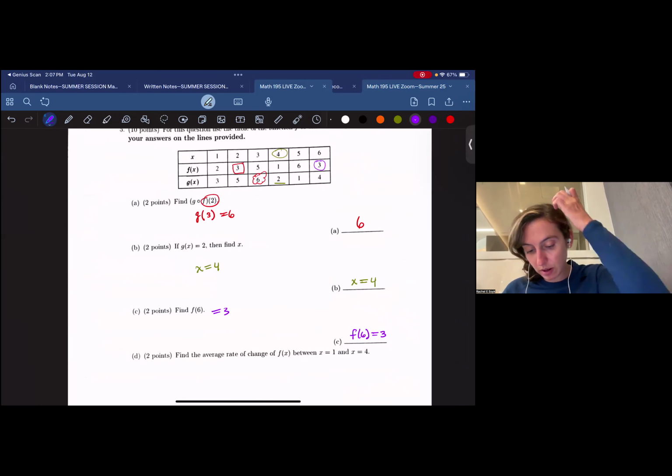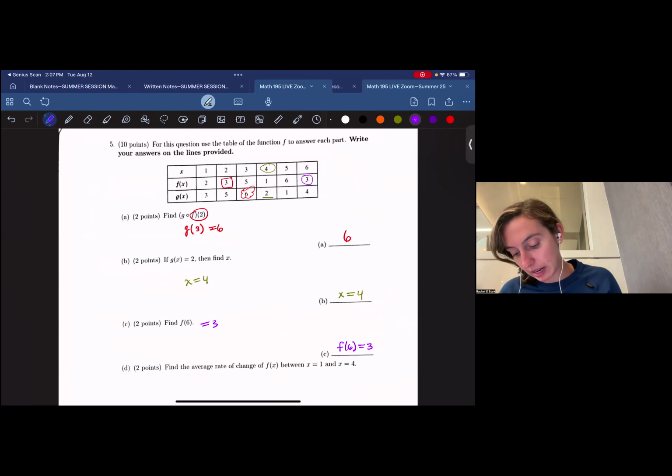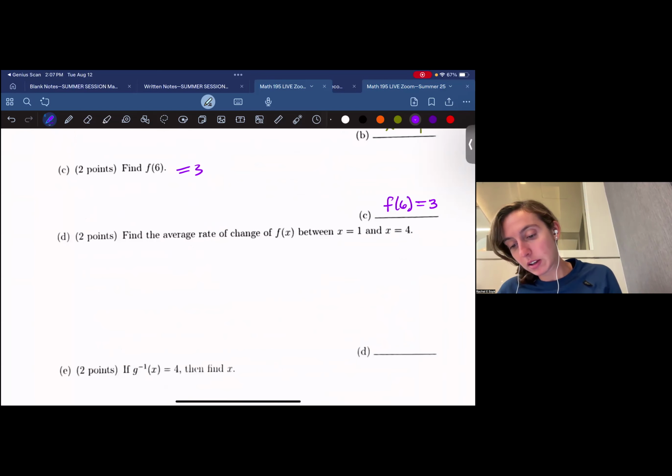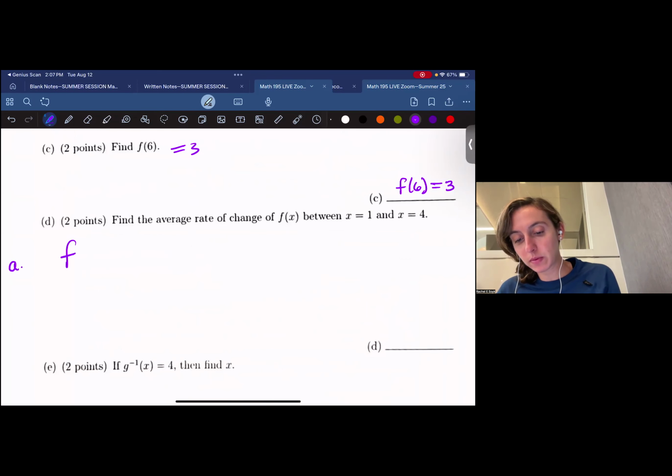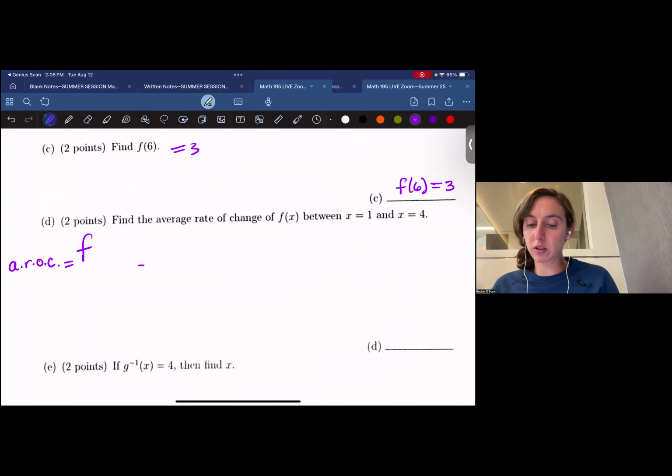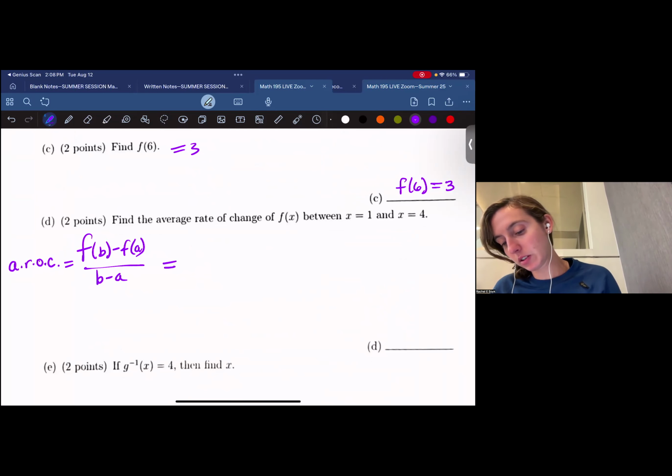And then we're asked to find the average rate of change between x 1 and x 4. Average rate of change is the difference between your two y values over the difference between your two x values. F of b minus f of a over b minus a, which is essentially f of 4 minus f of 1 in this case, all over 4 minus 1.